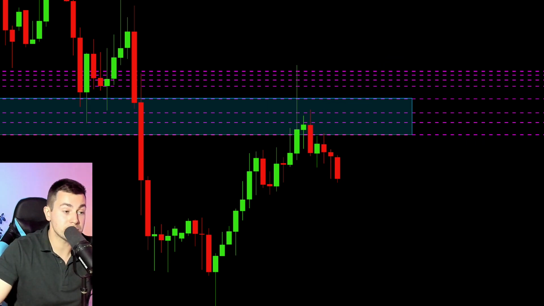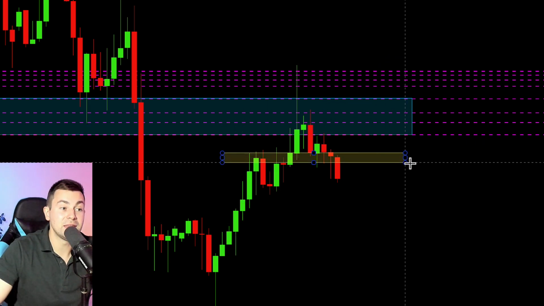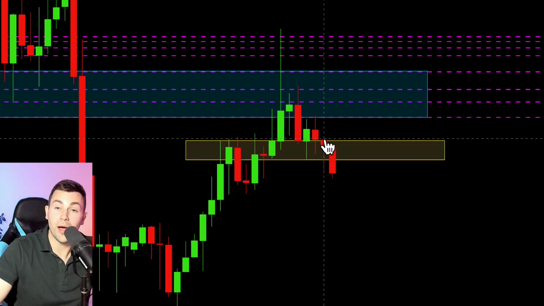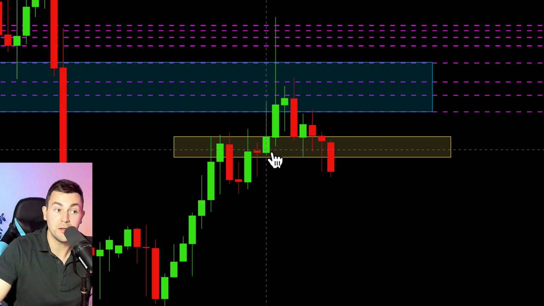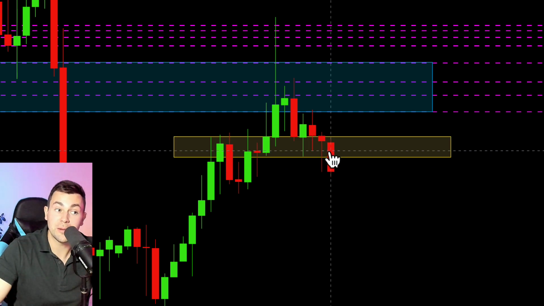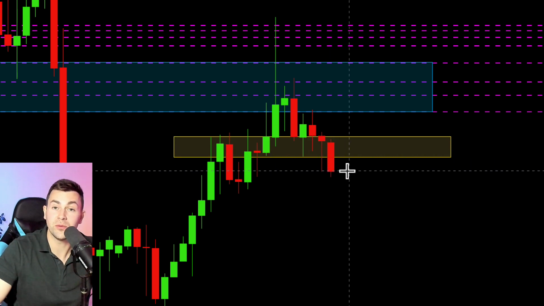Also, you can see that we got a nice minor demand zone. Right here we have a minor intraday liquidity zone that the price nicely respected, and the violation and breakout of that zone can be a signal for you to sell.